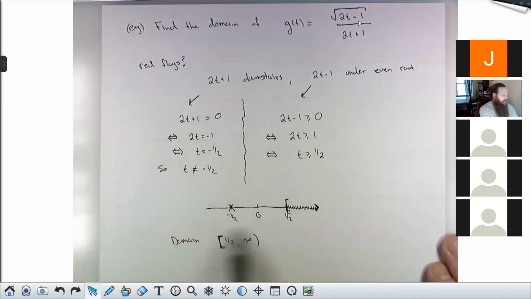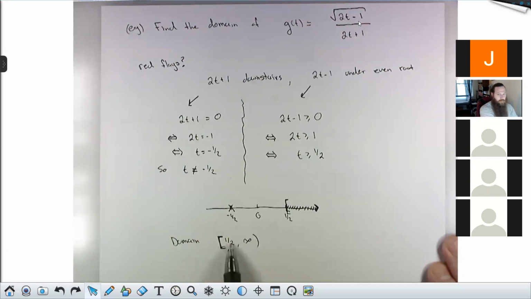And so we're saying here this interval is the left closed, meaning the left endpoint is included, interval from 1/2 all the way up to infinity. So we're going to take 1/2 and anything bigger than 1/2. That's what the interval notation here means.